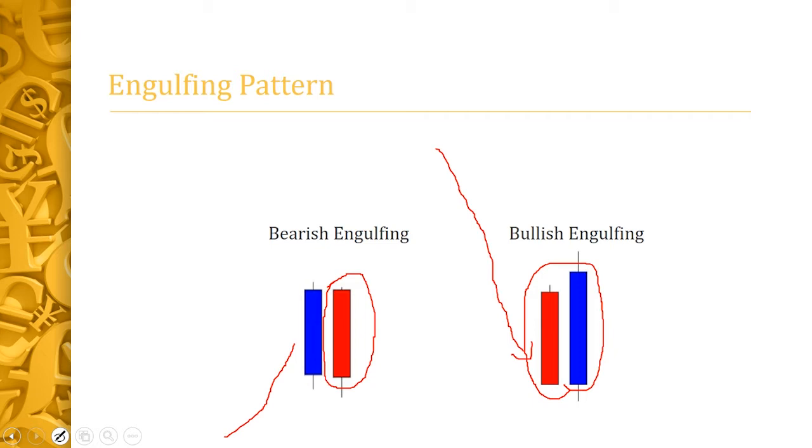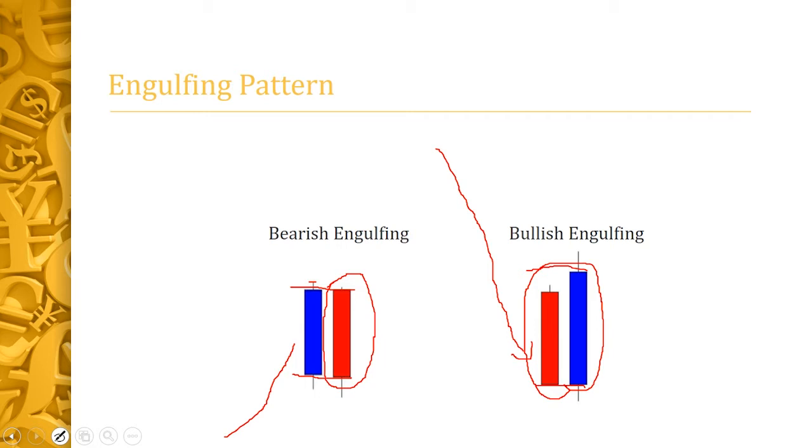But as you see in this bearish engulfing example here, the body of this candle did not engulf this wick. So the most important thing is that the body of this candle engulfs the body of the previous candle, as you see. And in this scenario we have this candle engulf the whole body of the previous candle.